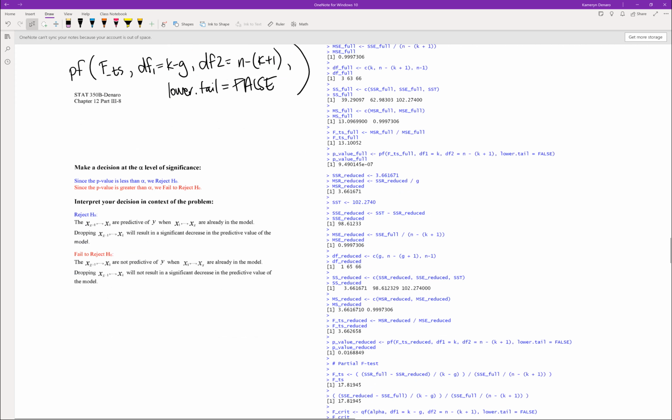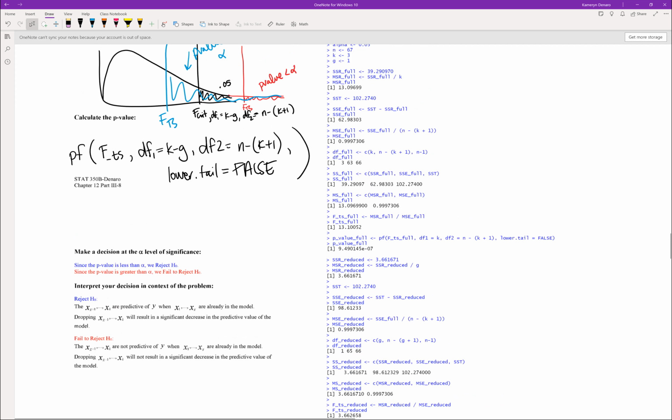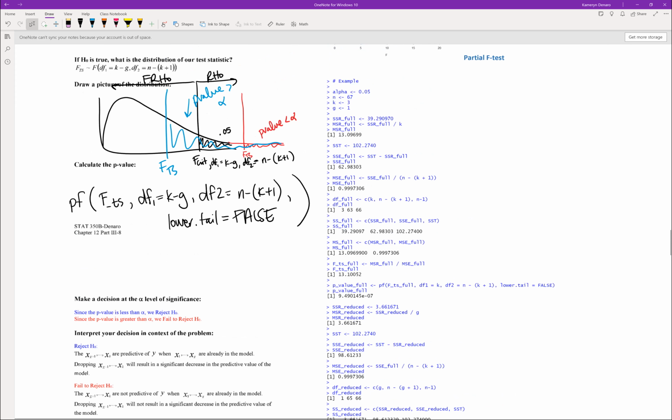All right, so if we want to do this in R, we can start off by setting up our alpha level. We're going to say alpha equals 0.05. We set the number of people; in this case, our n was 67 and our k was 3. Now we're going to ask ourselves, if we fit a model with just one of the predictors, are the other two predictors additionally predictive given there's already one in the model?